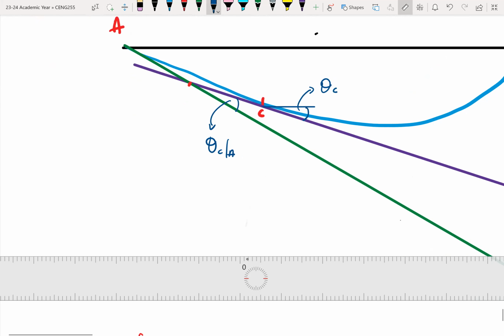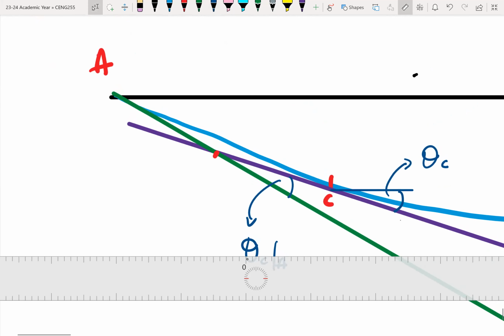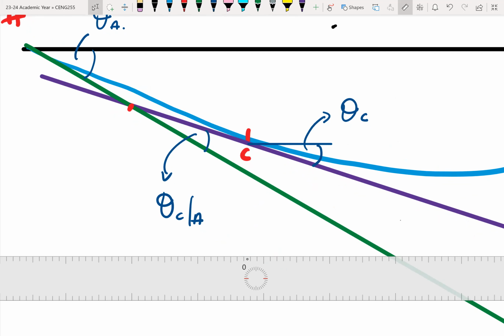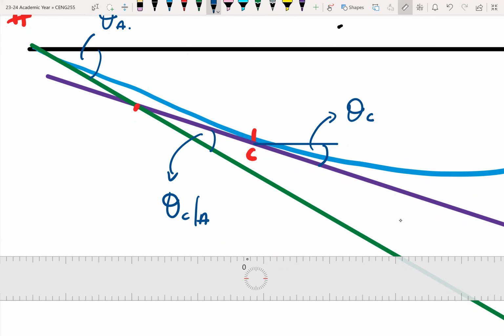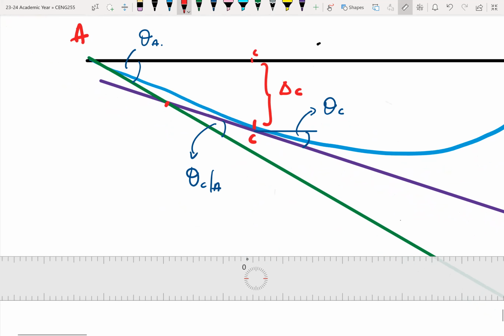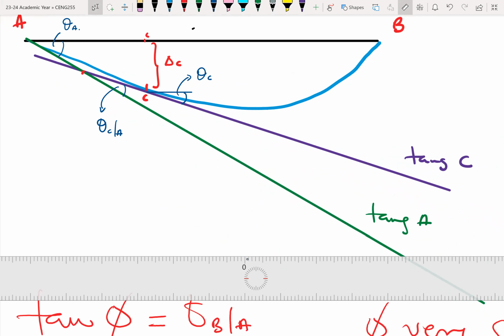The angle point A makes with the horizontal, this angle here, is theta A. Now, if this is the initial position of C, and now C has deflected, it means that this distance here becomes delta C, which is the deflection at C.